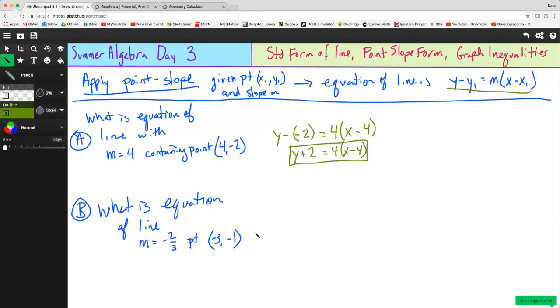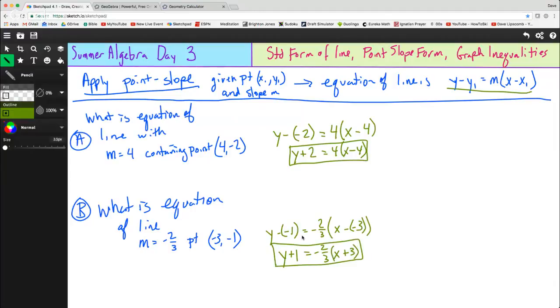Similarly, let's do the same thing down here. Well, we have y minus -1 equals -2/3 times x minus -3. So we get y plus 1 equals -2/3 times x plus 3.